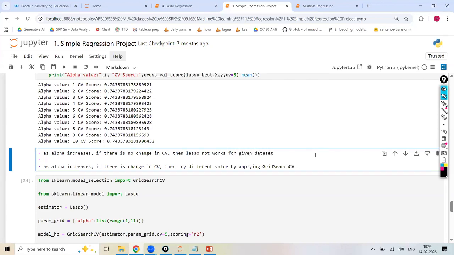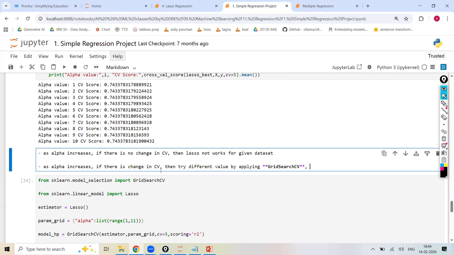Simple. Everyone is clear? As alpha increases, if there is a change in the CV, lasso works. If alpha increases and there is no change, lasso doesn't work. If it is working, then apply the grid search CV and identify the best alpha.